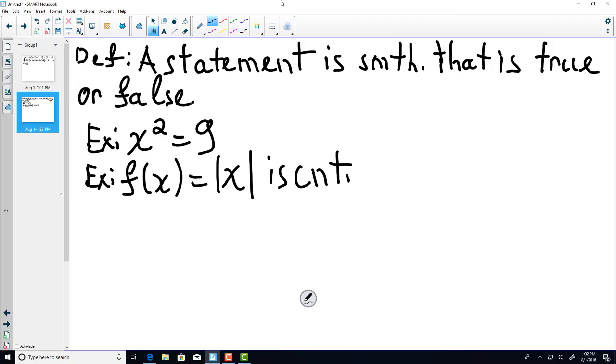So as long as we understand what a statement is, now we need to move further and understand why a statement is valuable for our purposes. The thing is, we usually use statements for forming new statements out of old ones.